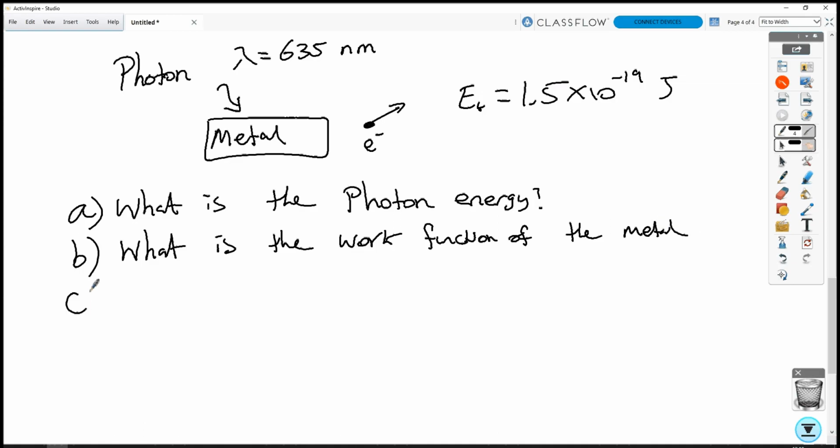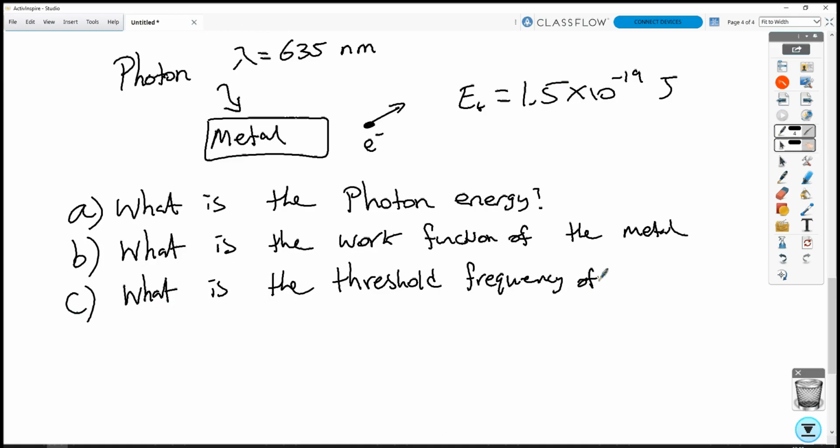And C. What is the threshold frequency of the metal?